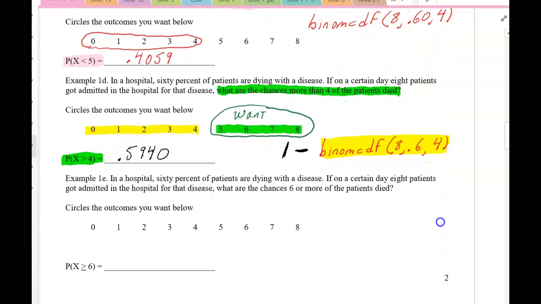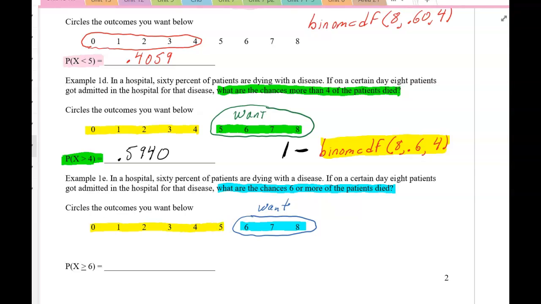Let's look at the last example on this page. Again, same scenario. This time, I want to know what are the chances 6 or more patients died. So I want 6, 7, and 8. So I'm going to circle that. This is what I want. The calculator will do 0 to 5.